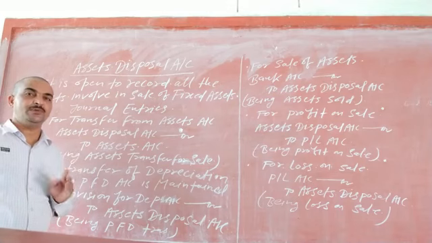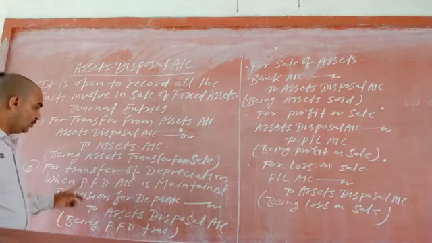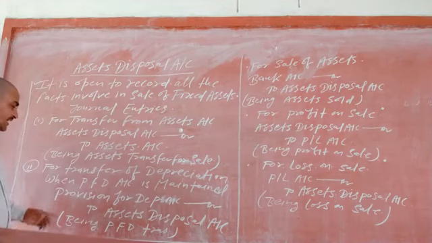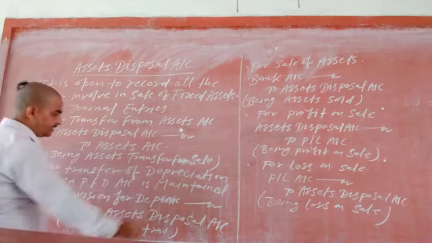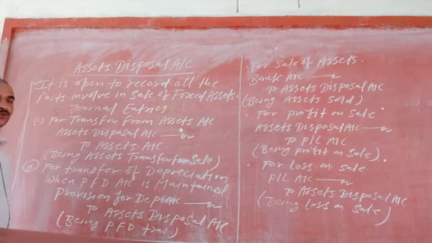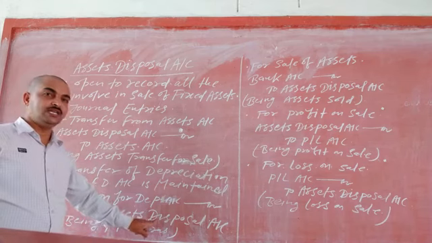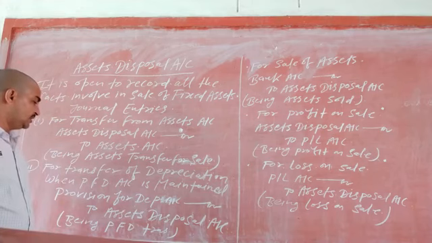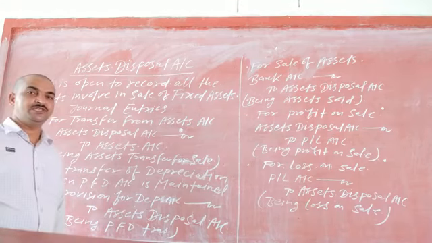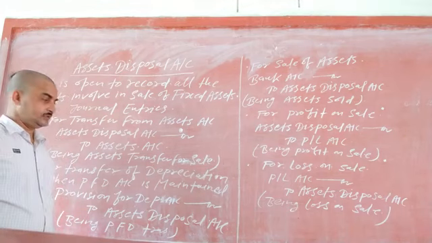If provision for depreciation account is maintained, then what you have to do, look at the entry: provision for depreciation account debit to asset disposal account. This is for transferring of provision for depreciation to disposal account.